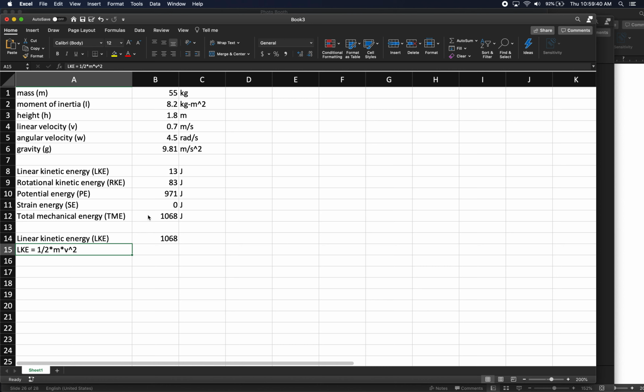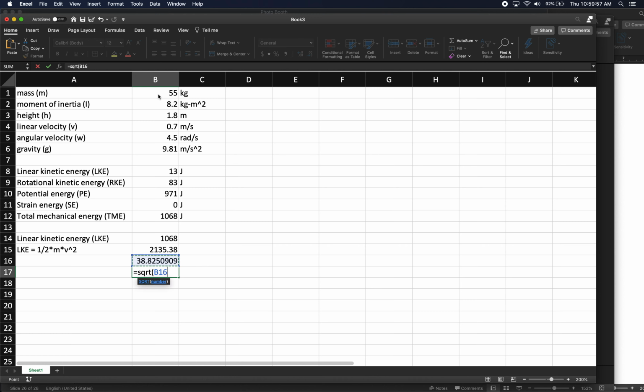So now I'm going to solve for velocity. I'm going to multiply both sides by 2 to get rid of the 1/2, divide by mass to get v squared by itself, and then take the square root to get actual v, velocity in meters per second.